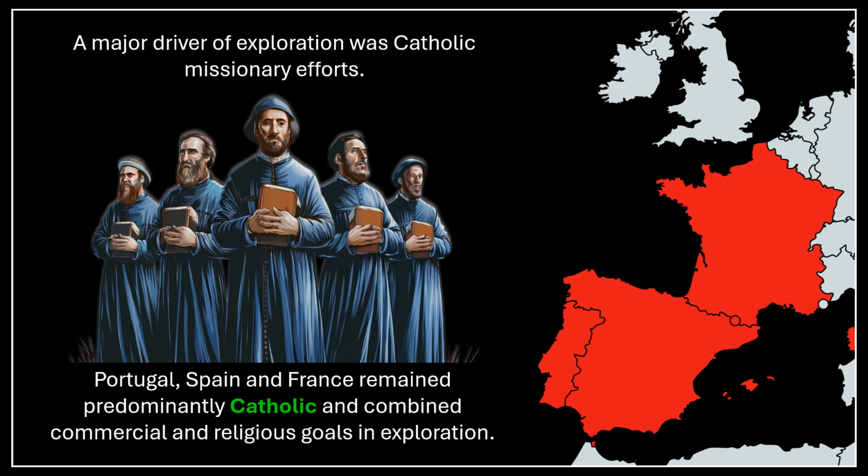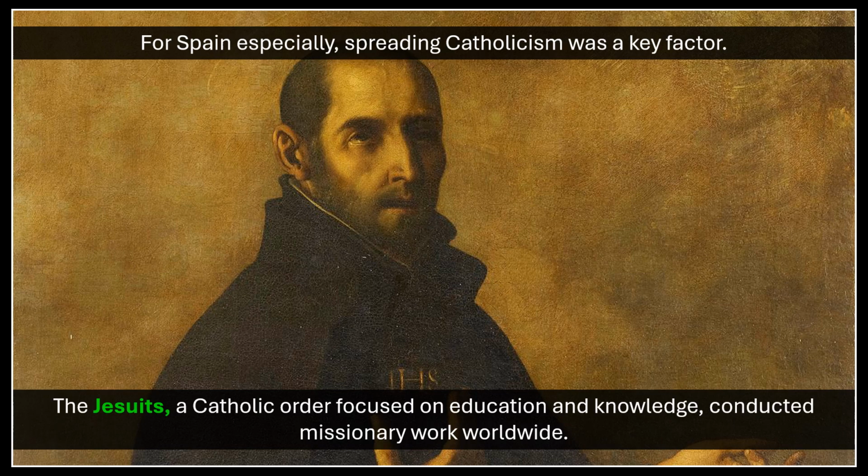In fact, a group is formed called the Jesuits. And there we go, right there. Francis of Loyola creates the Jesuits, also known as the Society of Jesus. And they are specifically part of the Catholics' attempt to fight the Protestant Reformation. They are an order of priests specifically created to go out into the world and conduct missionary work.